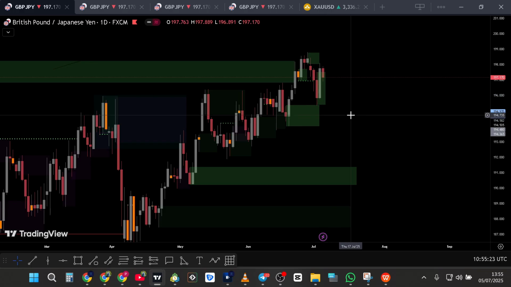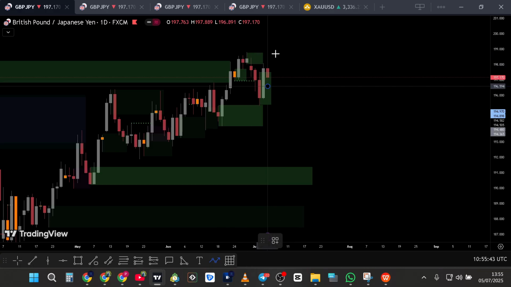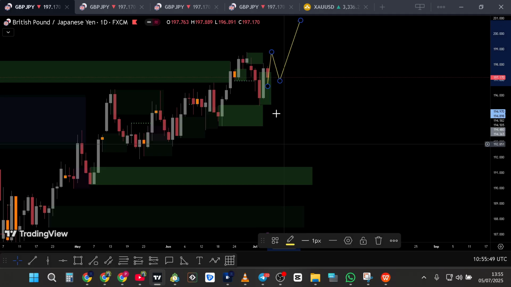So that's what I'm expecting. But for now, let's say this is what I'm thinking. If it does breach this low, then we'll be looking for sales. If it does breach this high coming in next week, this bullish candle, to the upside with a candle close, then I'll be looking for something like this. Let's say it goes up, breaches that high, I'd be looking for areas of demand here and then continue to the upside.